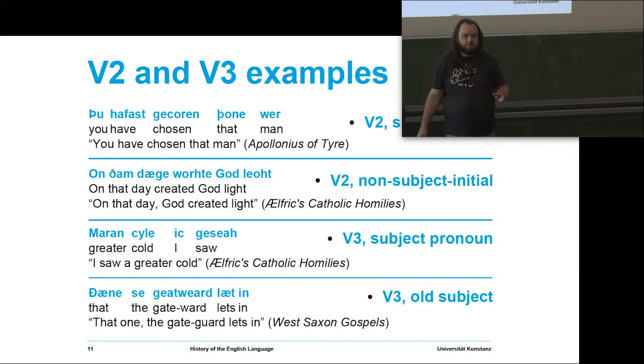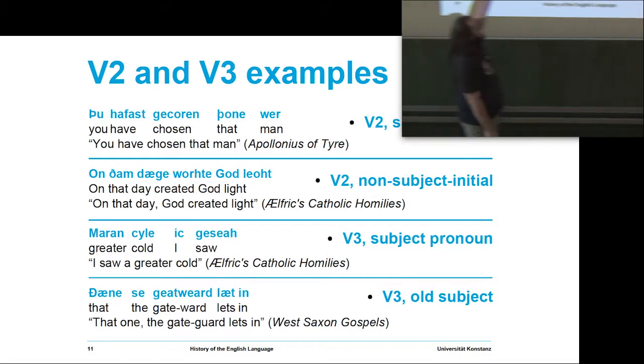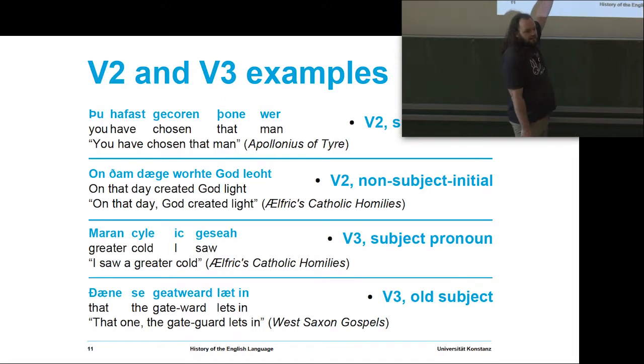Old discourse information. Someone who's been mentioned before in the discourse. In the context here, we've got a subject pronoun. This is a known entity in the discourse. And that means that this subject pronoun comes before the verb in this instance. This is almost exceptionless with subject pronouns. They precede. So I saw a greater cold.